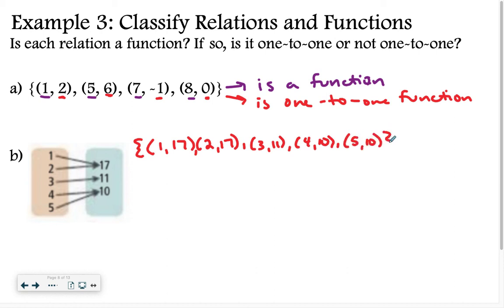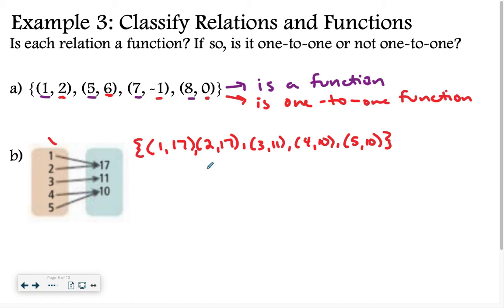The way I got that was, this is your x value, this is your y value. So x, y, x, y, x, y, x, y, x, y. So that's how I got each of those ordered pairs.